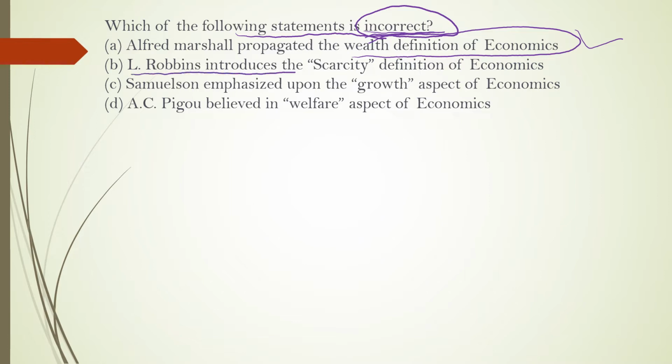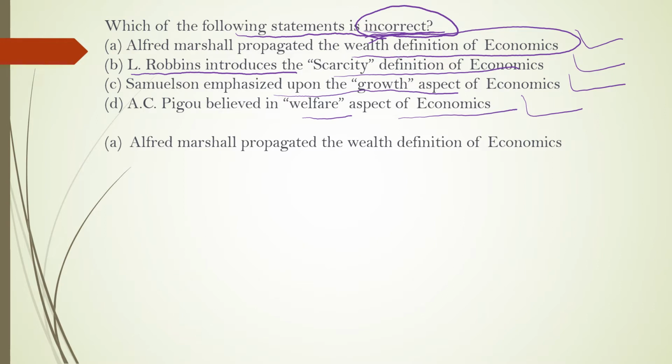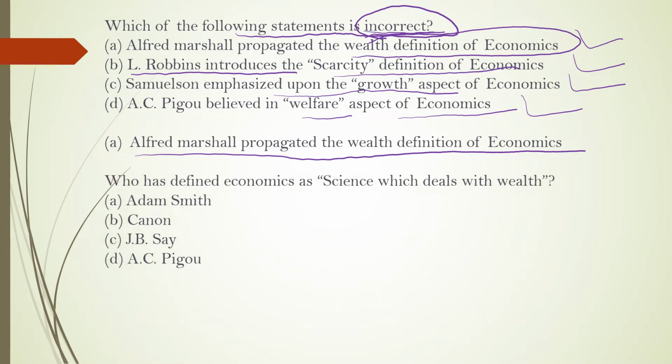Lionel Robbins introduced the scarcity definition, that is right. Samuelson emphasized the growth aspects of the economy, right. A.C. Pigou believed in the welfare aspect of the economy, right. So the right answer for the incorrect statement is Alfred Marshall propagated the wealth definition of economics.